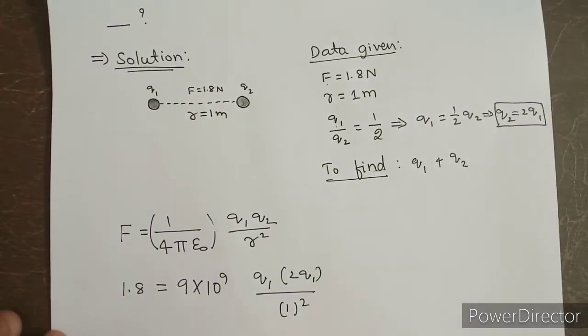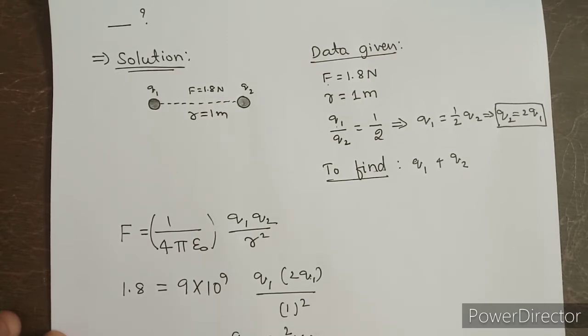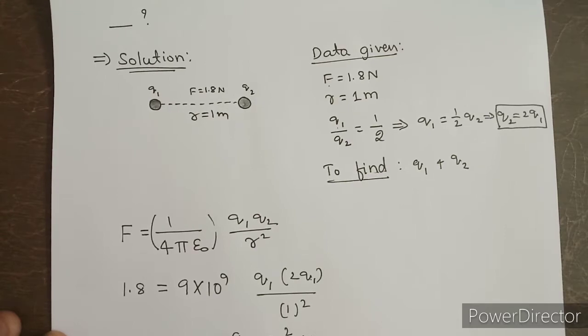Okay, so then now 1.8 is equal to 9 into 10 to the power 9 into Q1 into Q1 square, and 2 as it is. Okay, so now I can find Q1 square first, that is 1.8 divided by, this will come to denominator, 2 also will come to the denominator, that is 9 into 10 to the power 9 into 2.